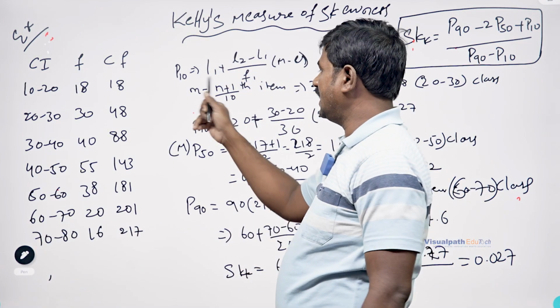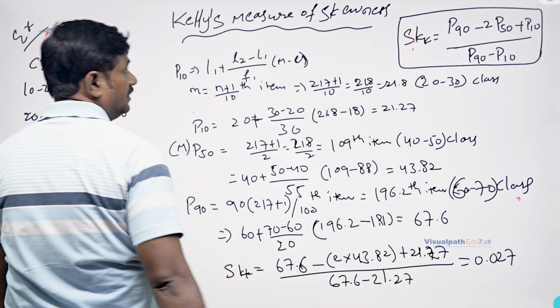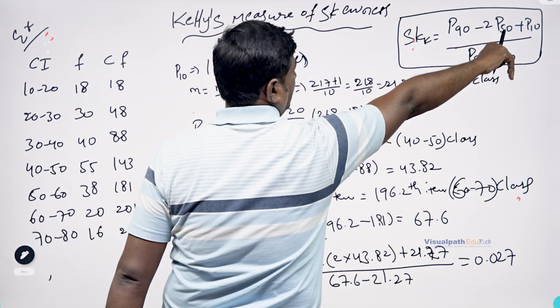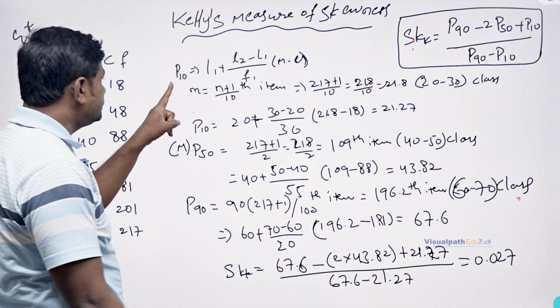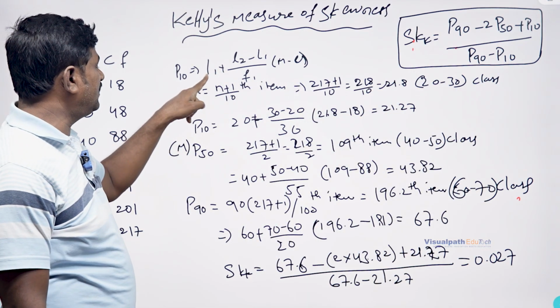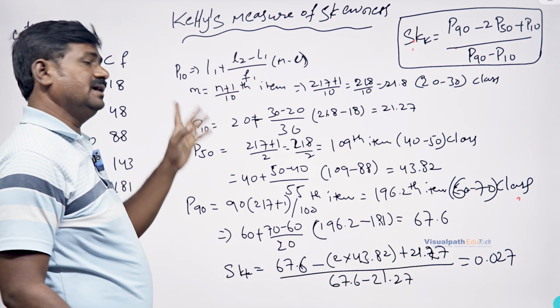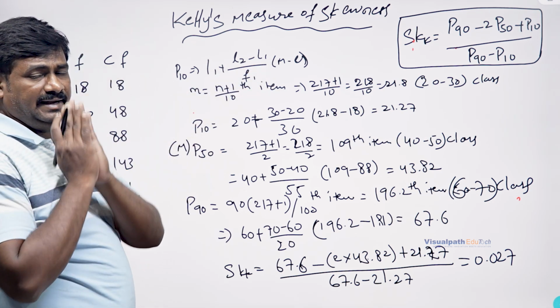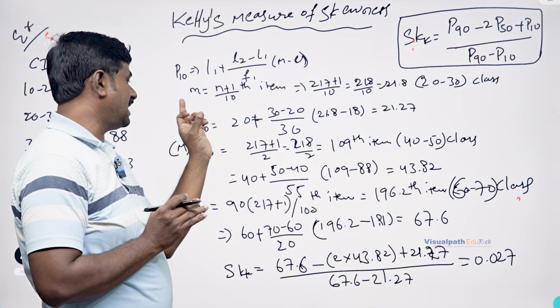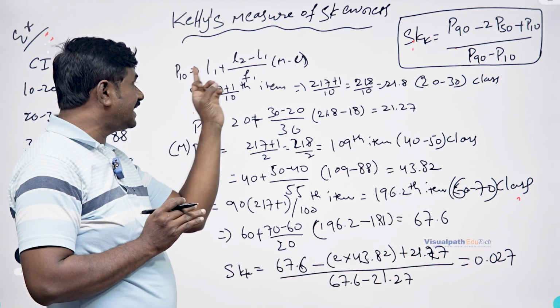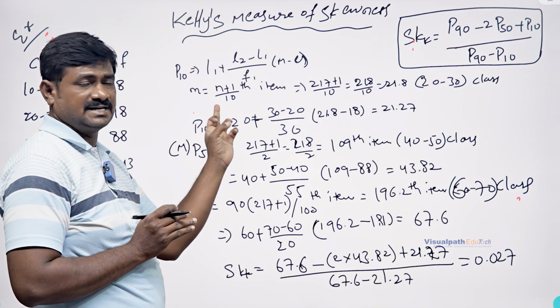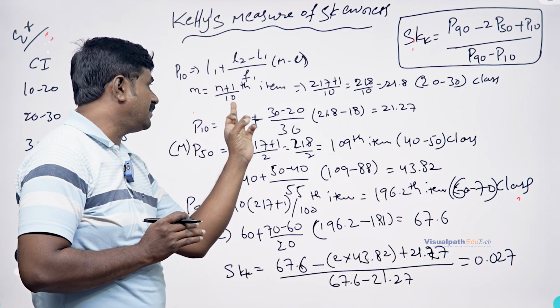First we have to calculate P10, because we need P90, P50, P10. The formula is L1 plus (L2 minus L1) by F1 into (M minus C). Here we have to calculate M, the item of the median class. P10 means the 10th percentile, so we calculate the (N plus 1) by 10th item.